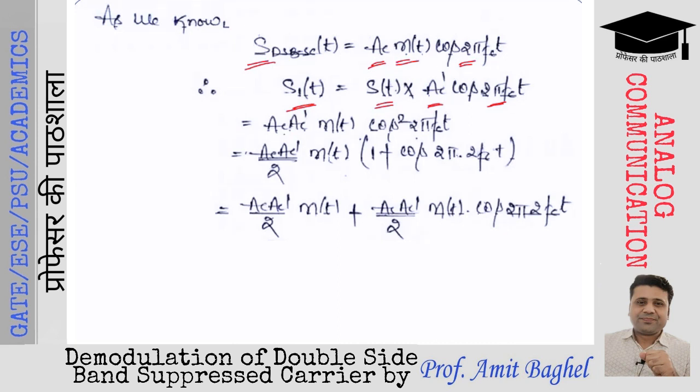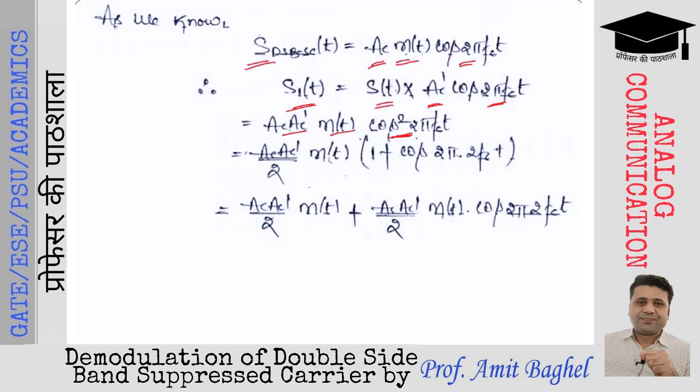We'll get Ac Ac' m(t) cos square of 2 pi fc t. Cos of 2 pi fc t will be multiplied with cos of 2 pi fc t, hence we are going to get cos square of 2 pi fc t. And this cos square will be replaced with (1 plus cos 2 theta) divided by 2.